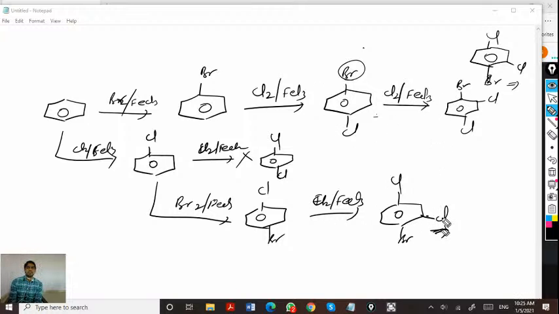Here two ways are possible. The first way, bromination and dichlorination. And the second way, chlorination, bromination and chlorination. Okay, so these are the two ways that you can achieve the desired product from the benzene.